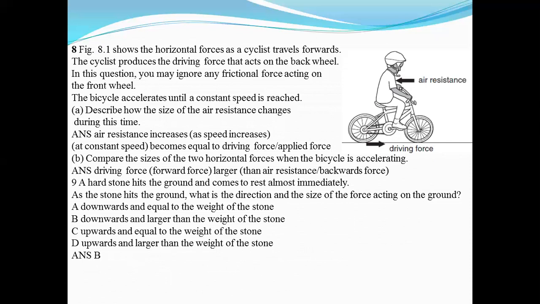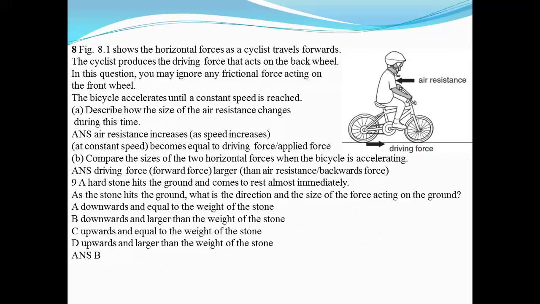Describe how the size of air resistance changes during this time. Obviously, if the speed is increasing, the air resistance will also increase. Then what happens when speed becomes constant? Air resistance becomes equivalent to the driving force. The backward force becomes equal to the forward force.